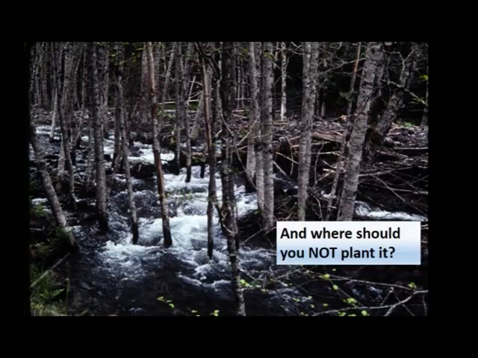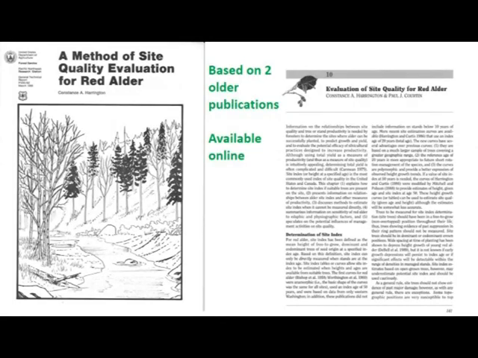So what I'm going to talk to you about today comes in part from two older publications. One of them is this method of site quality evaluation for alder, and I'll pass it around. And we do have it online.